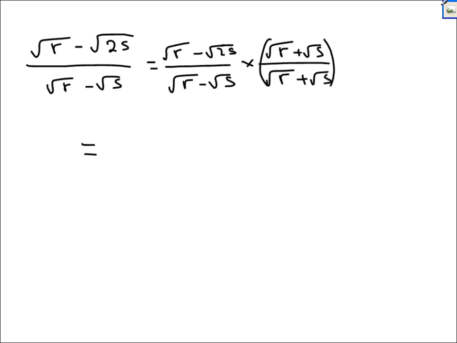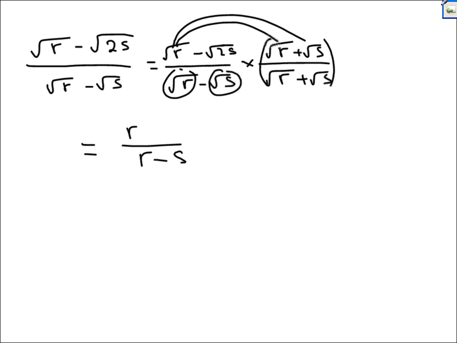And then the bottom becomes this squared minus this squared. And the top, well, that becomes r, that becomes the square root of rs, minus the square root of 2rs. Now we multiply by this.